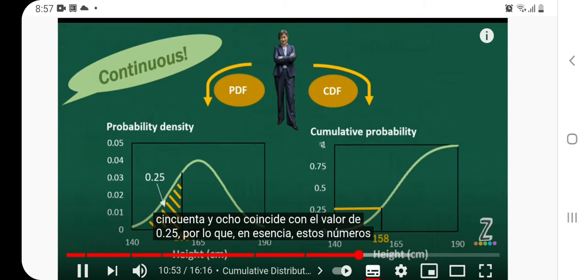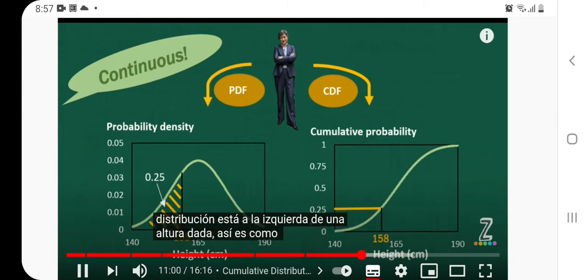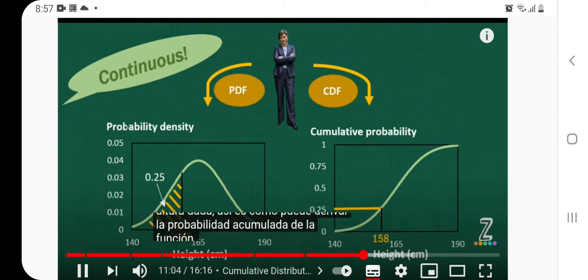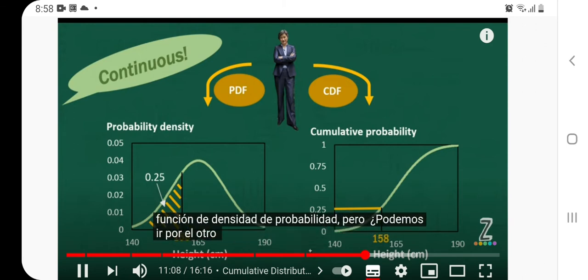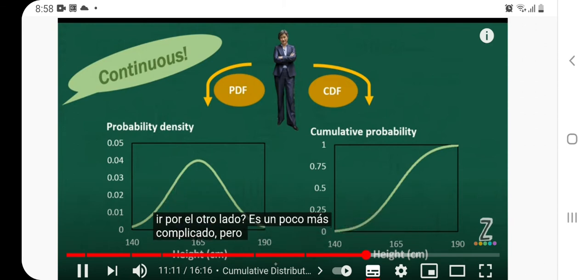So in essence, these numbers here are telling us how much of the distribution is to the left of a given height. Okay, so that's how you can derive the cumulative probability from the probability density function. But can we go the other way? It's a little bit more involved, but follow me. We're going to zoom in now on the cumulative probability.